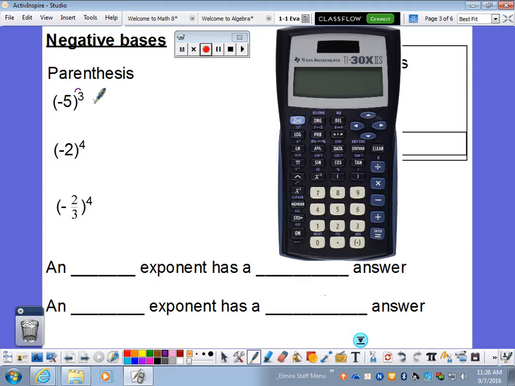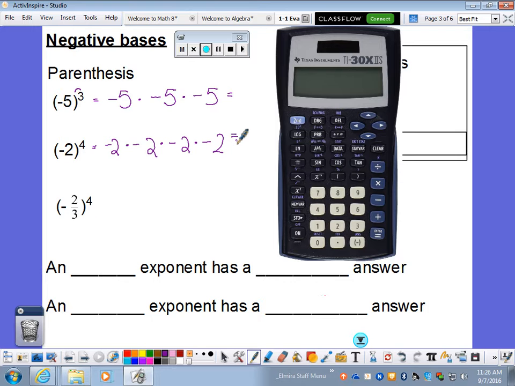So this in expanded form would mean -5 times -5 times -5. Okay? This in expanded form would be -2 times -2 times -2 times -2. 4 -2's. Okay. Let's talk about just these two problems to start with.